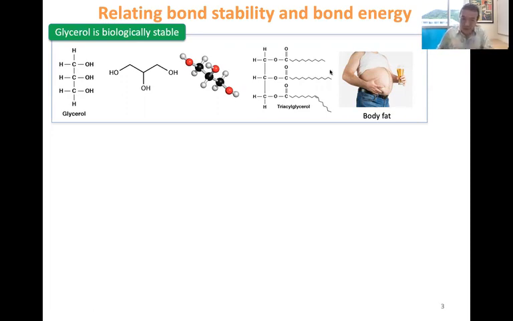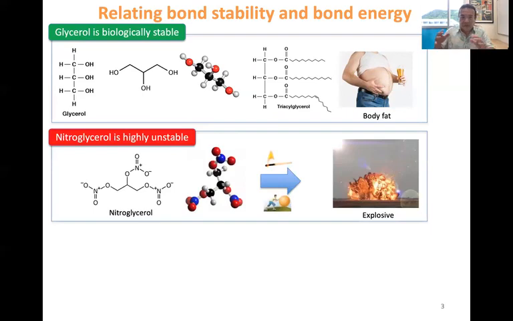What would happen though if instead of these 3 hydroxyl groups on the glycerol, what if you replaced these with something, I don't know, bulkier? For example, nitrate groups, right? So here, instead of OHs being attached to each of the 3 carbons, now you actually have the oxygen attached as part of a nitrate group, right?